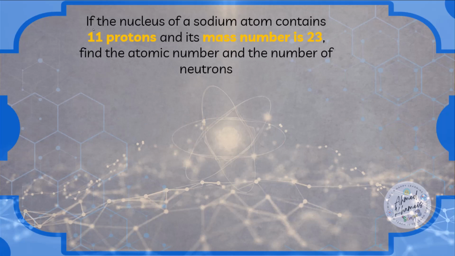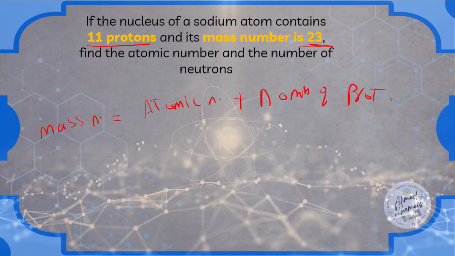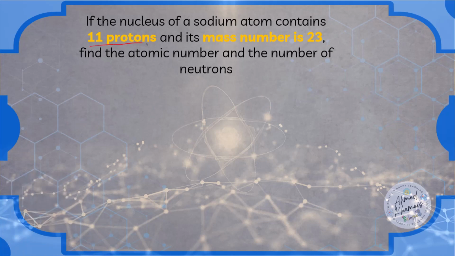Second, if the nucleus of a sodium atom contains 11 protons and its mass number is 23, find the atomic number and the number of neutrons.